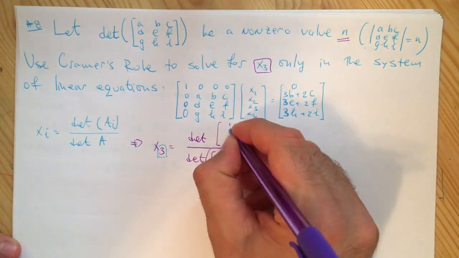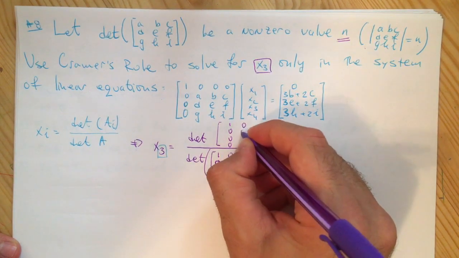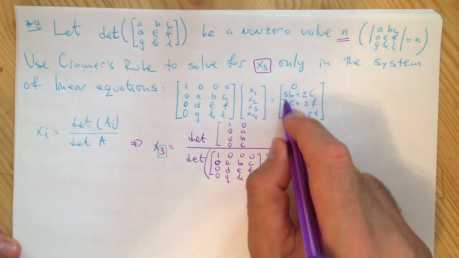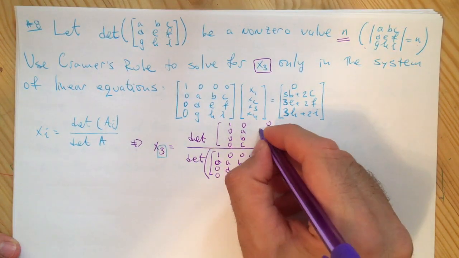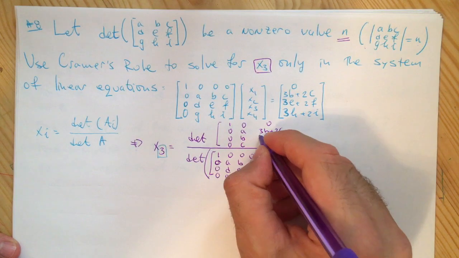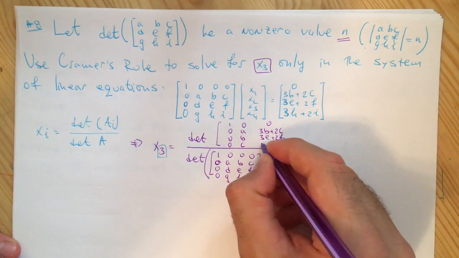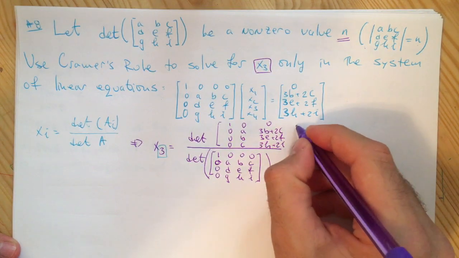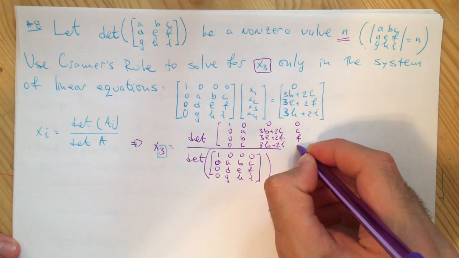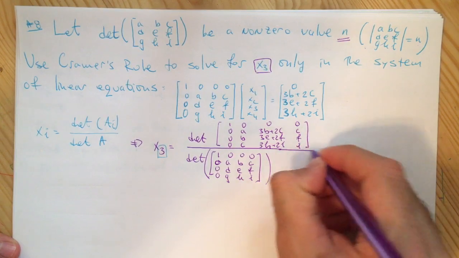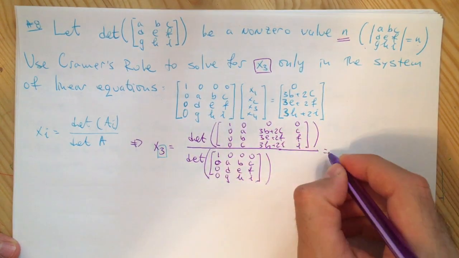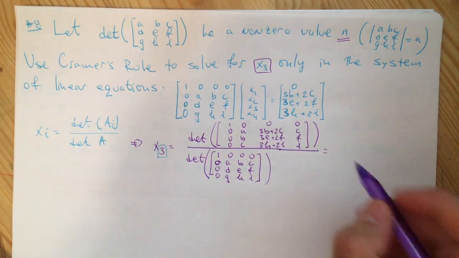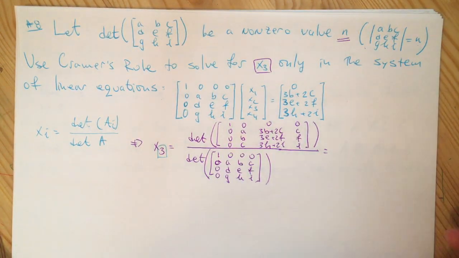So I have 1, 0, 0, 0, 0, A, B, C. And now you see I'm changing the third column and I'm putting this column 0, 3B plus 2C, 3E plus 2F, 3H plus 2I, and in the last column is just 0, C, F, I. And now once I calculate this determinant and this determinant, I'm done, because I'll have a scalar divided by a scalar and I have the answer.